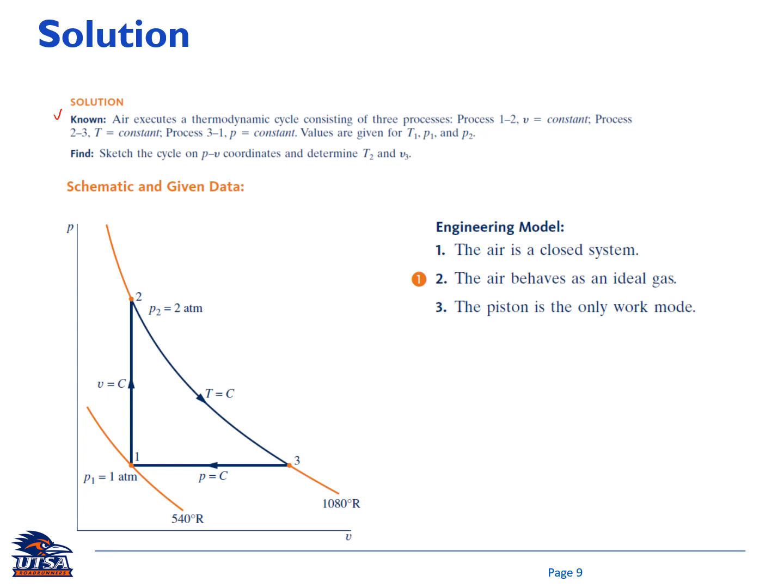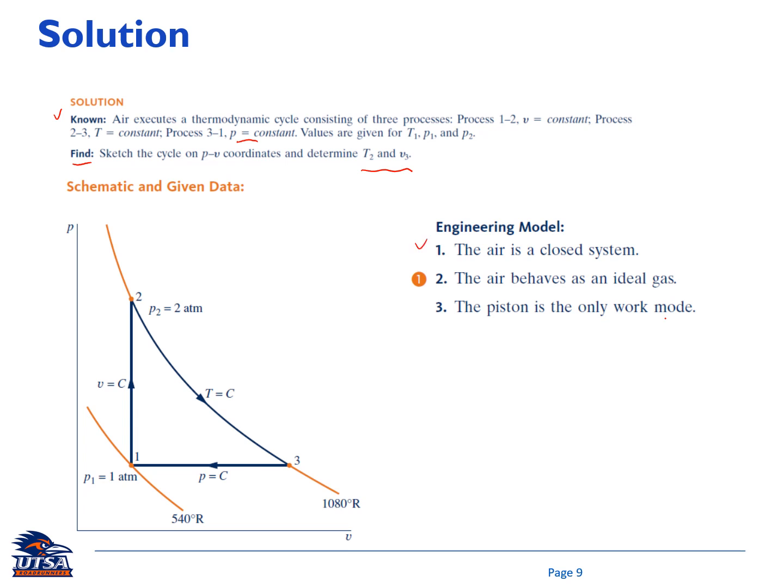For example, process 1, which changes state 1 to state 2, has constant V. Process number 2 has constant temperature, and process number 3 has constant pressure. P1, T1, as well as P2 are given here. There are 3 questions: what we need to find is the sketch, and then T2 and v3. The next step you need to write down is the engineering model or assumption.